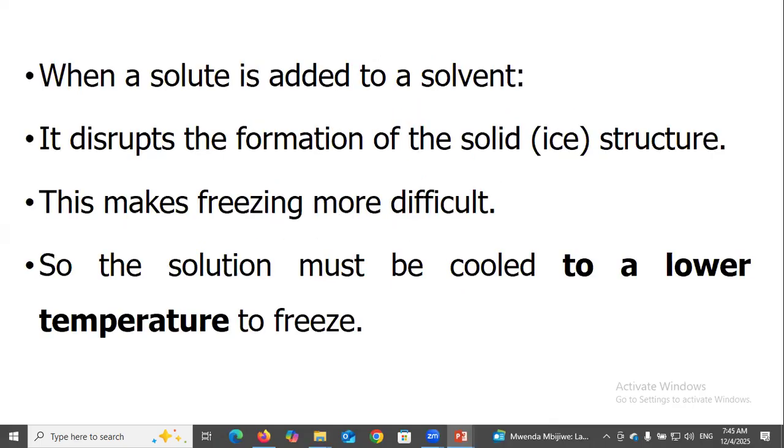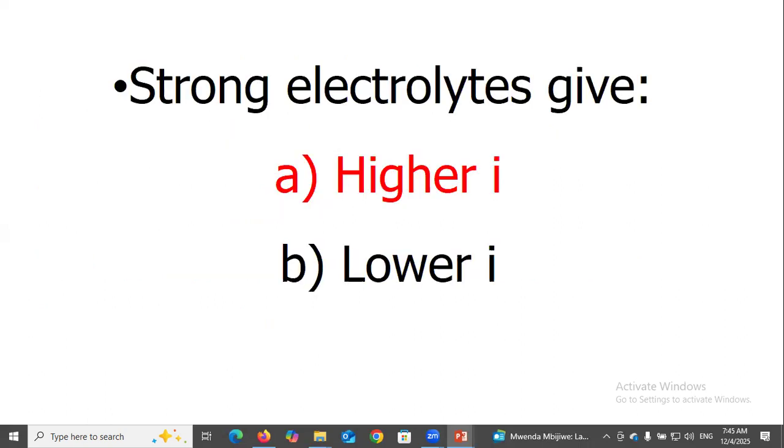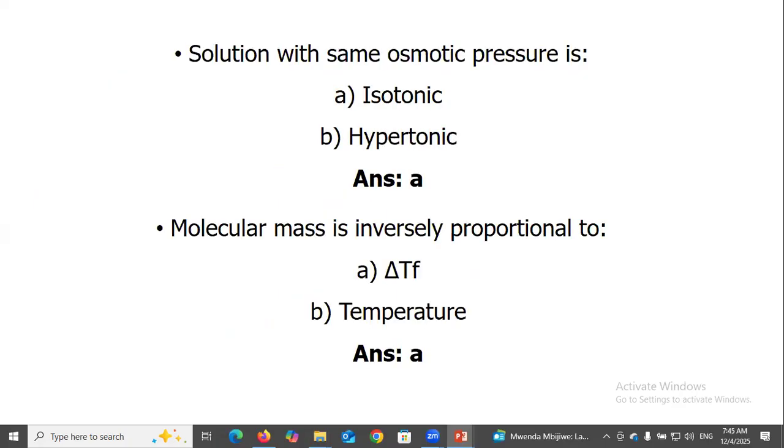When a solute is added to a solvent, it disrupts the formation of the solid structure. This makes freezing more difficult, so the solution must be cooled to a lower temperature to freeze. Strong electrolytes give a higher van't Hoff factor. Solutions with the same osmotic pressure are isotonic.